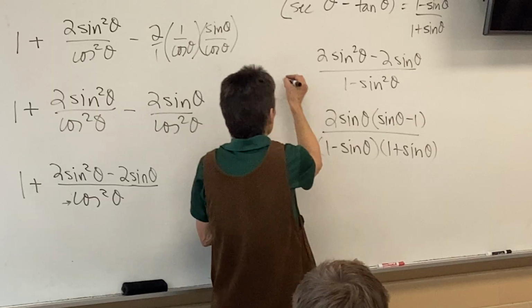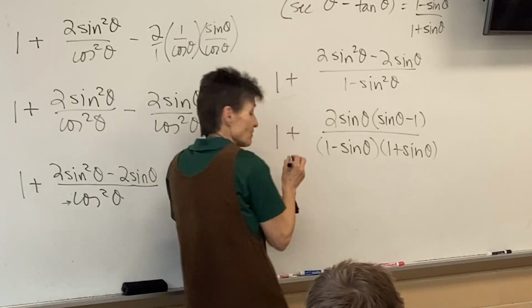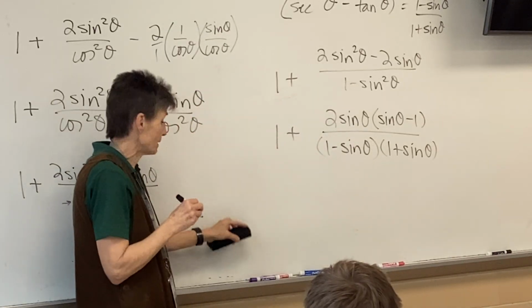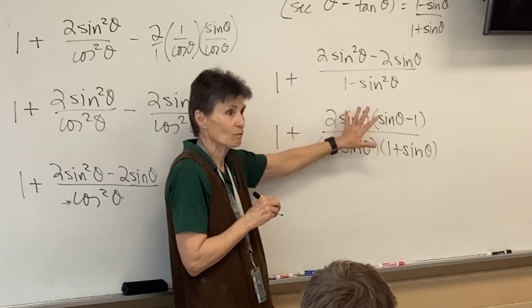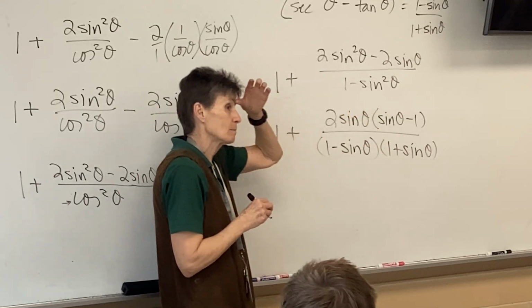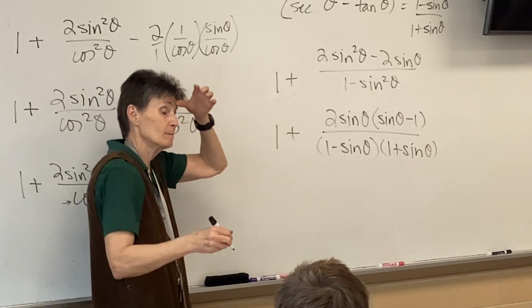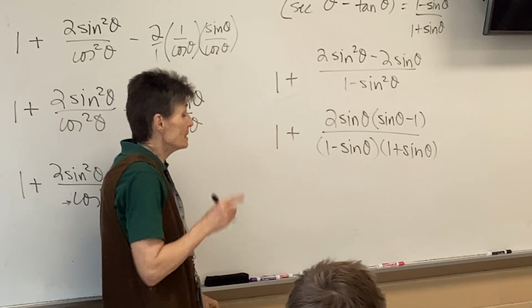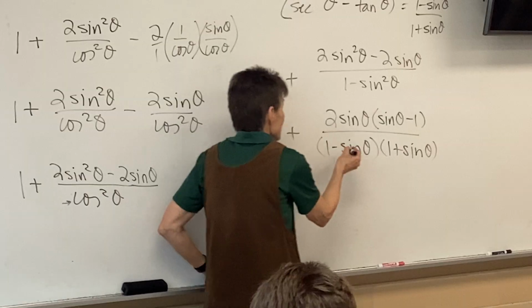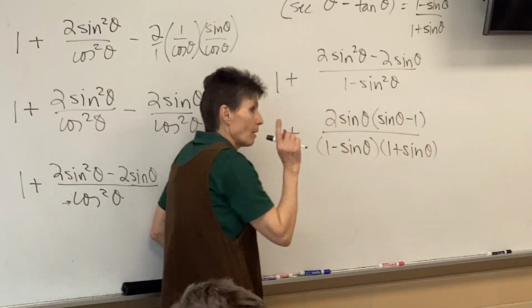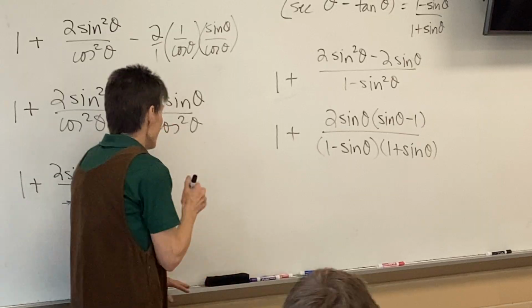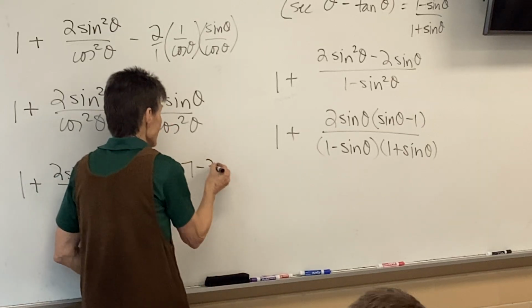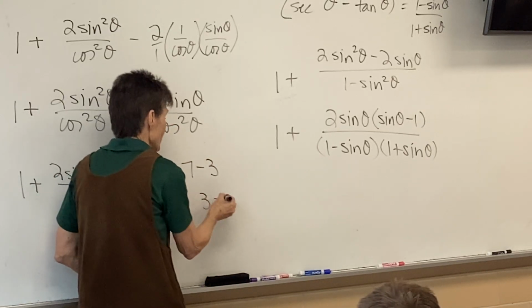I know there's still a 1 out here, and that's fine, we're going to need it in a minute, but it isn't part of this fraction, so I am dealing with this fraction, because Michael had a good idea. Now, these two are opposite. It's like having 7 minus 3 and 3 minus 7.